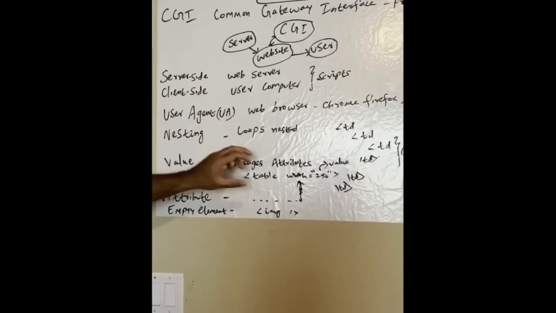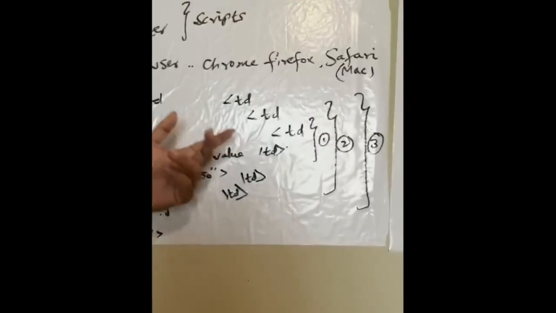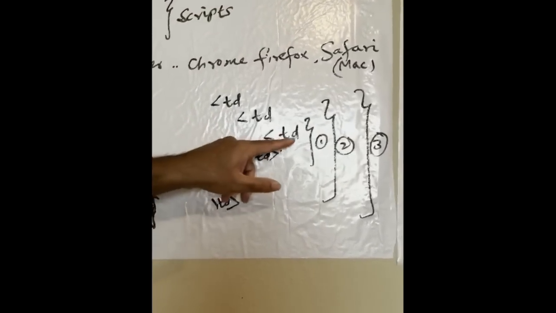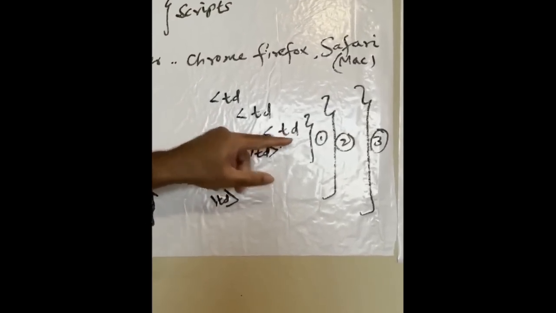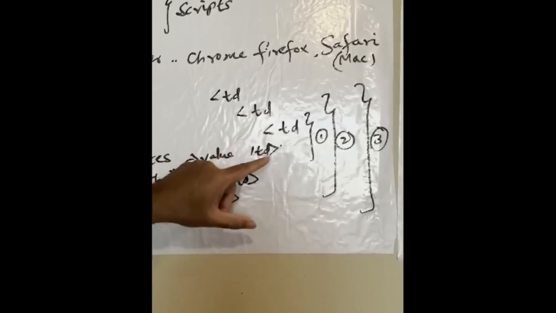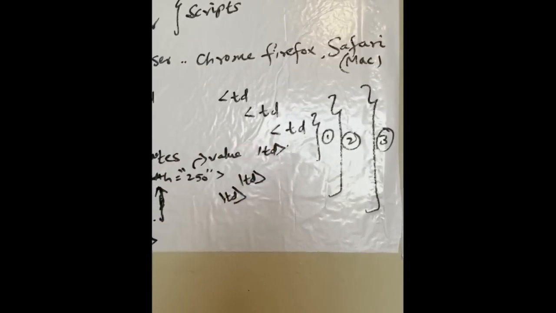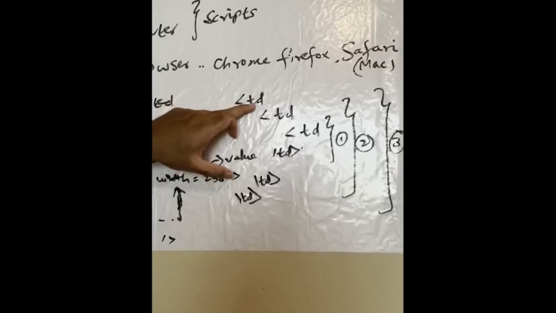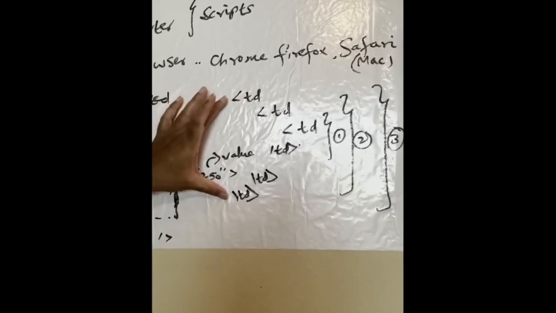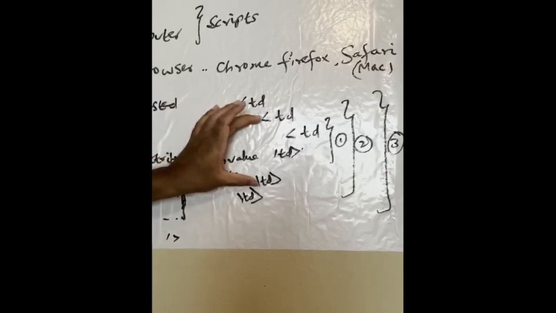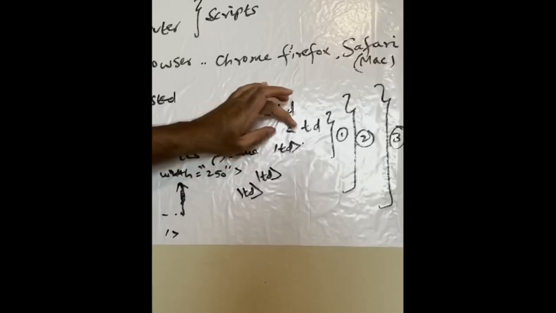That is the nesting. It can be nested here like, for one example, we create a table. TD means the table element. See, TD, and here's one example, TD/TD. So that is one loop. And there is another loop inside that one, TD/TD, TD/TD.